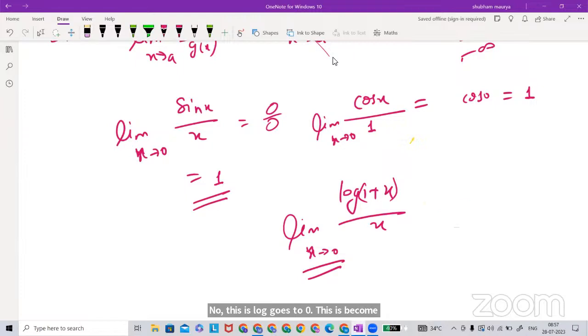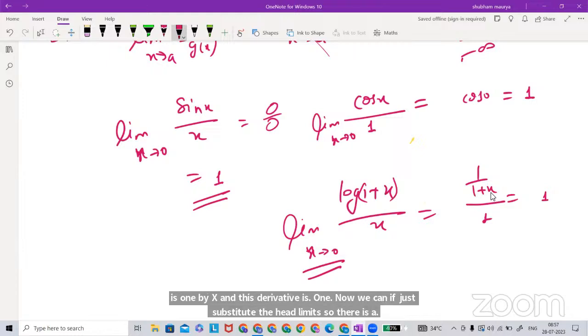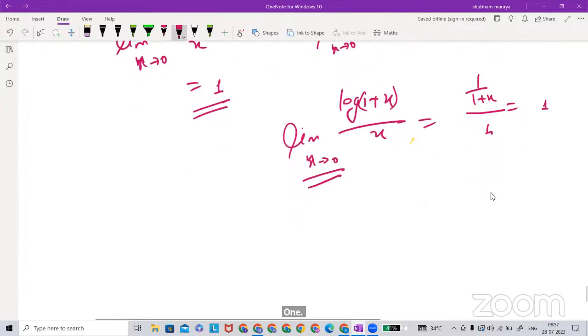So we can differentiate. The numerator becomes 1 by (1 plus x) and the denominator's derivative is 1. Now substitute the limit and it becomes 1. This is the way to use the indeterminate form or L'Hopital's rule.